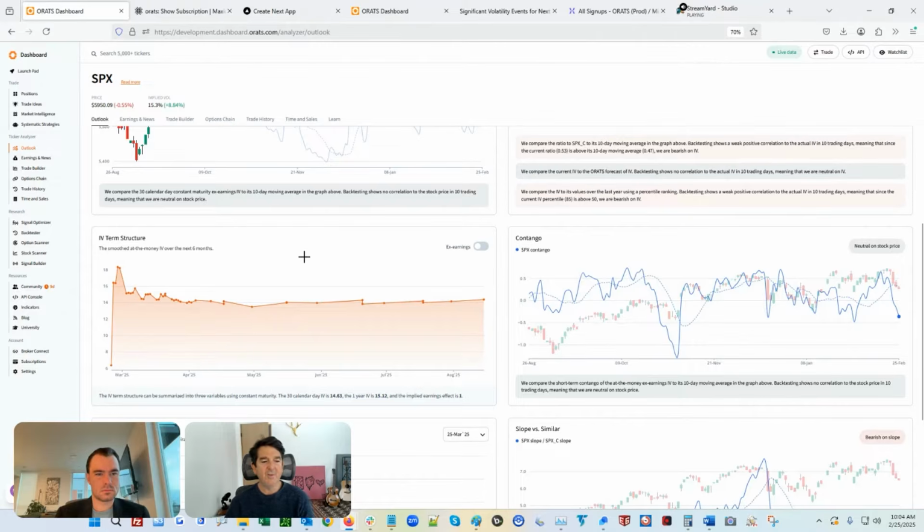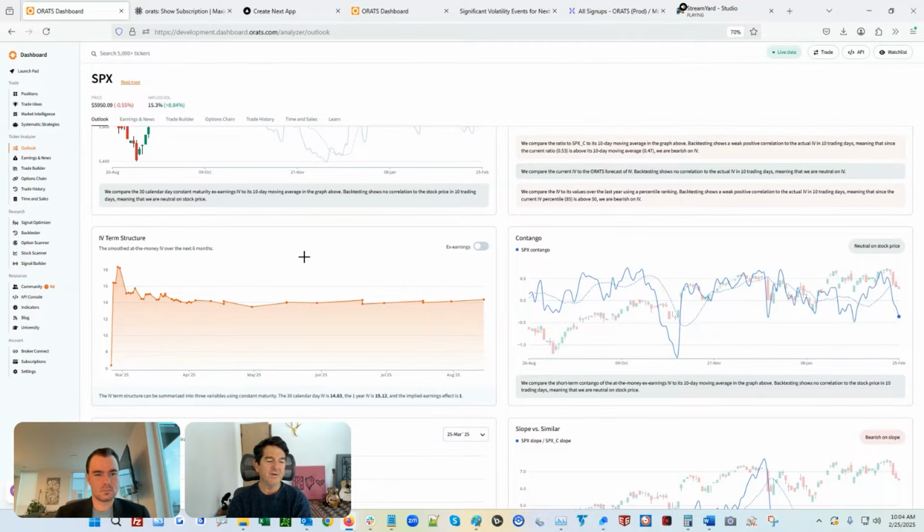The goal is that it should be a rational term structure in order for arbitrage to hold. However, you'll get two things that affect these: weekends and holidays, the way you account for those, and also if there are any events coming up on the day when traders will generally add some volatility.